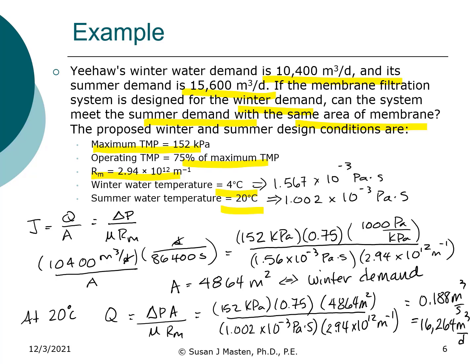We needed 15,600, so yes, we can meet the summer demand with this membrane area.